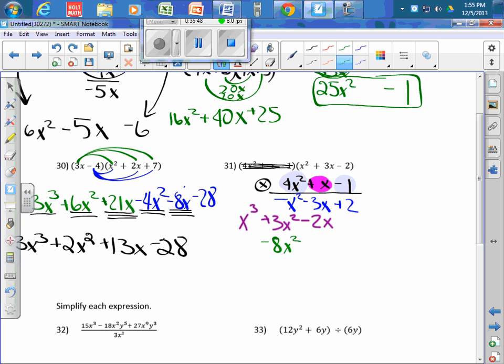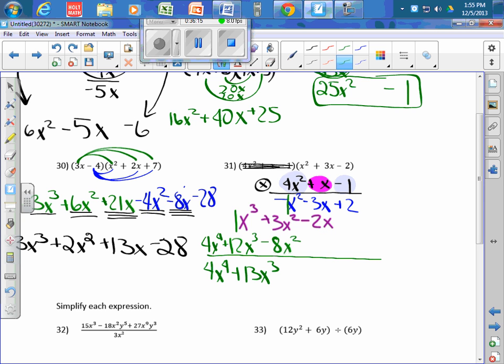Then 4x squared times the 3x, 12x to the third. And look at that, they line up. Then I'm going to take 4x squared times x squared to get 4x to the fourth. And now all I have to do is add my columns. 4x to the fourth, 12x to the third plus 1x to the third is plus 13x to the third.